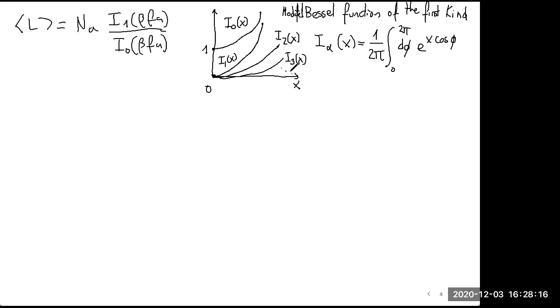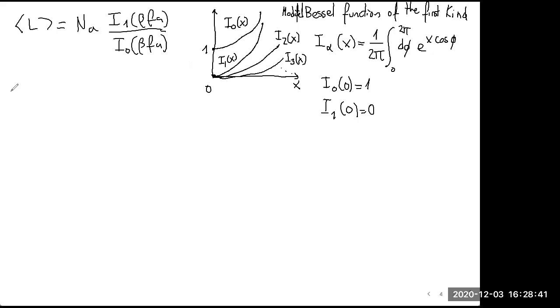So an important result, as I said, is I0 at 0 equals 1, and I1 at 0 is 0. So if I take this to 0, this will be 0, because I0 at 0 is 1 and the other is 0.